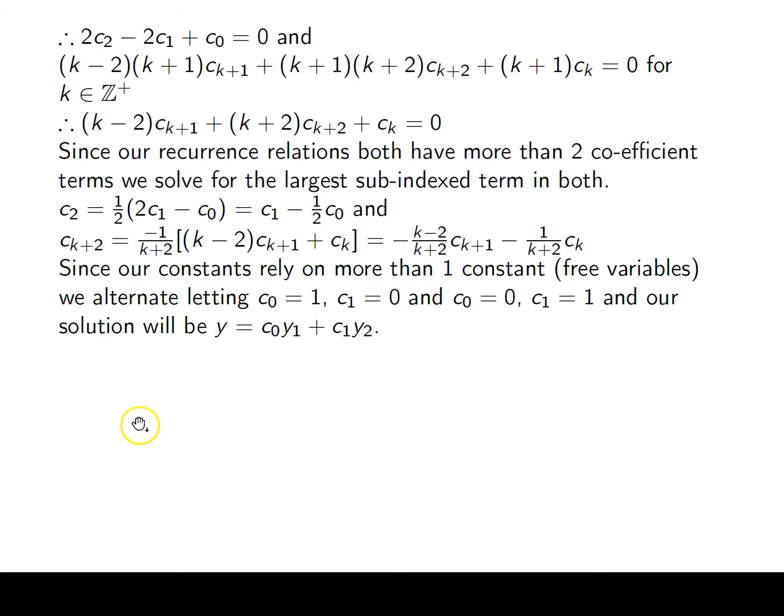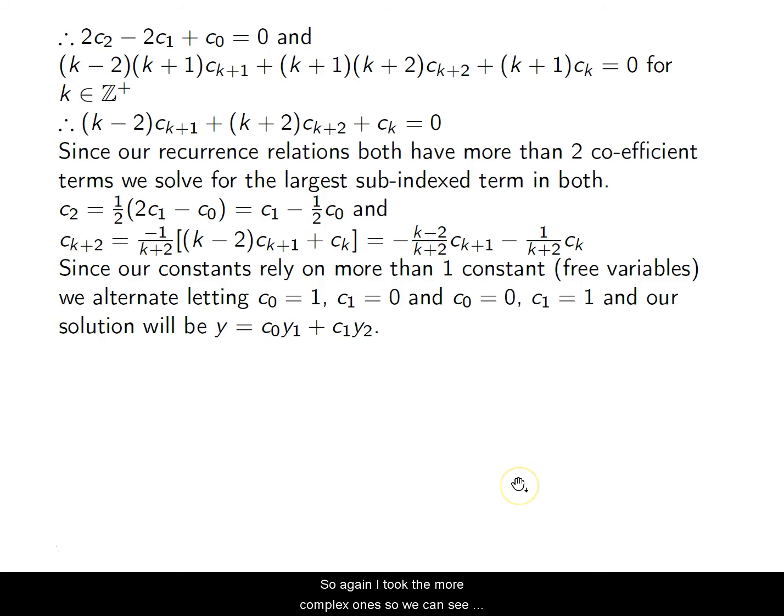So I'm going to have 2 different kind of conditions. This is going to give me one solution, which I'll call Y1. This will give me a completely another series solution, which I will call Y2. And again, even if it was like C1 equals C0, right, or negative C0, I would still get 2 different recurrence relations, which I would use to solve.